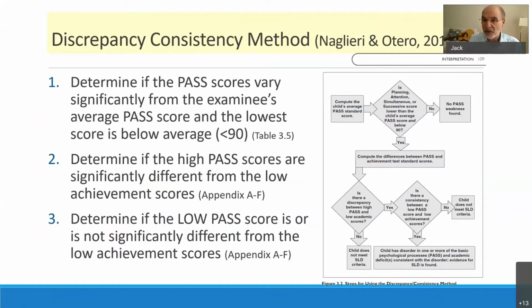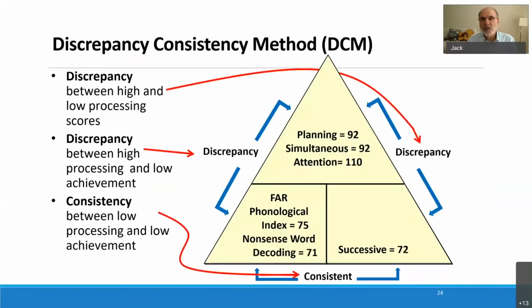And in this case, we certainly have that. So as we work down this, we see compute the difference between PASS and achievement scores. We did that, and we found that there's consistency between low PASS score and low achievement. And I'm going to show you that as rendered next slide. So we have good in planning, good in simultaneous, good in attention, low in successive, significant discrepancy.